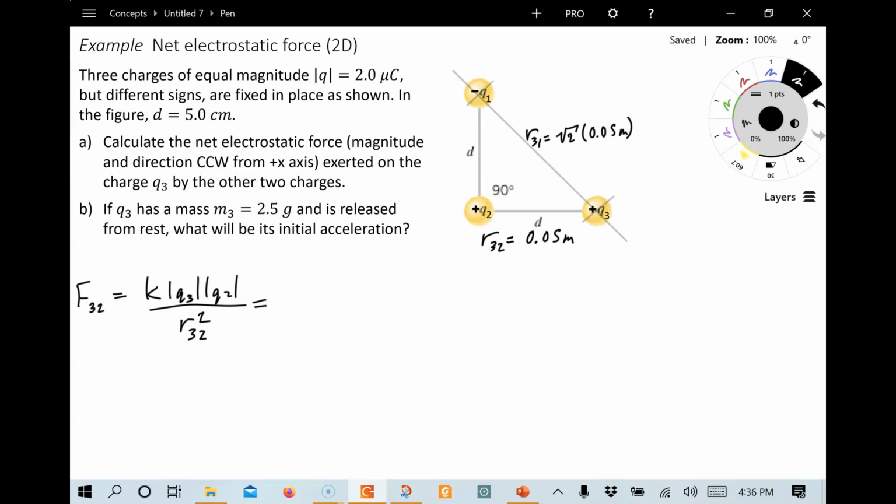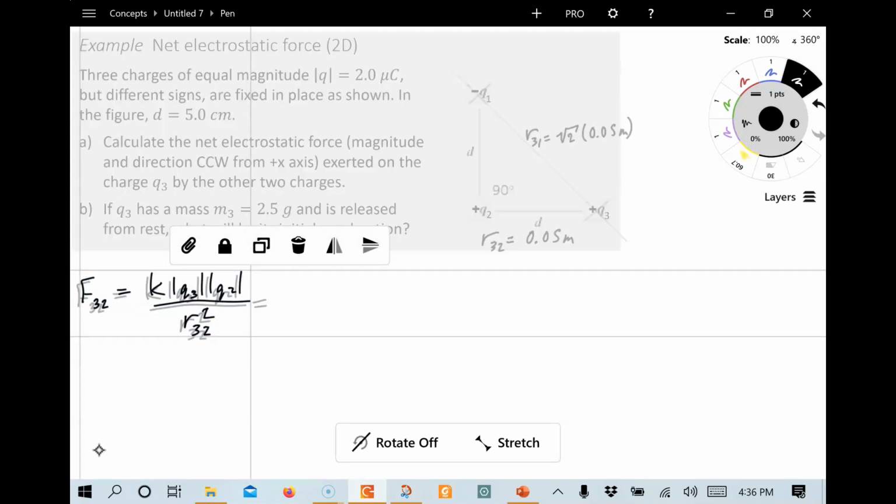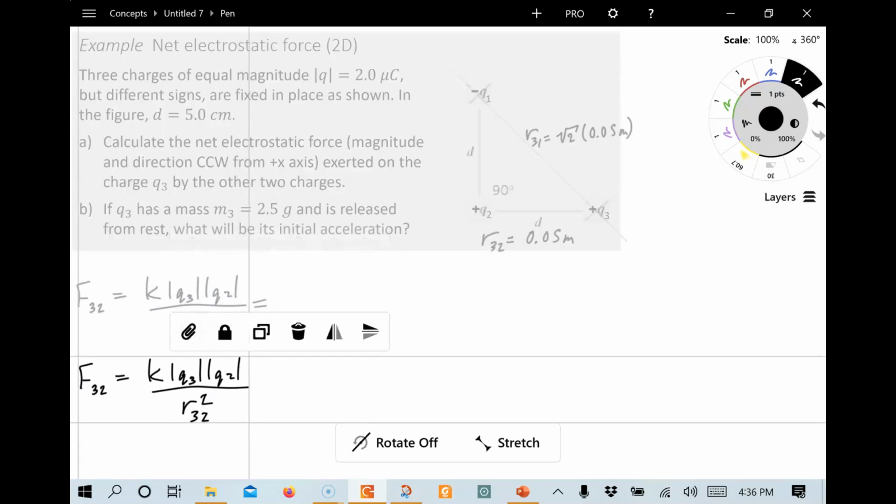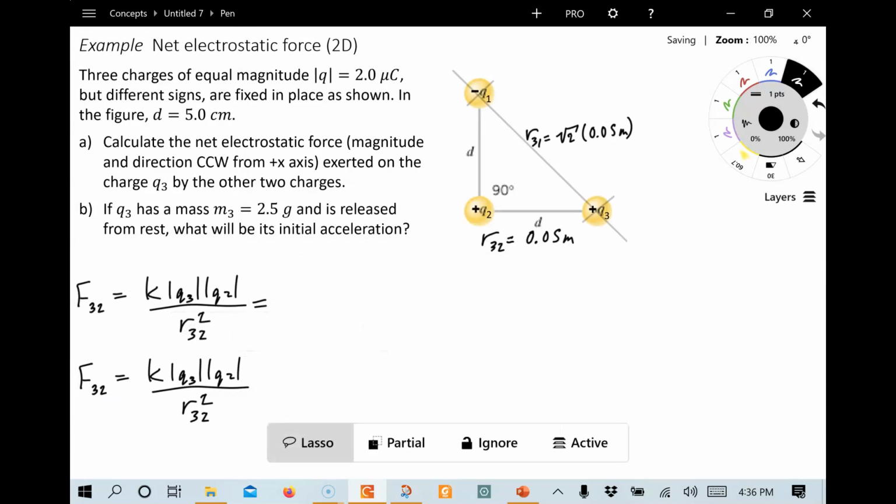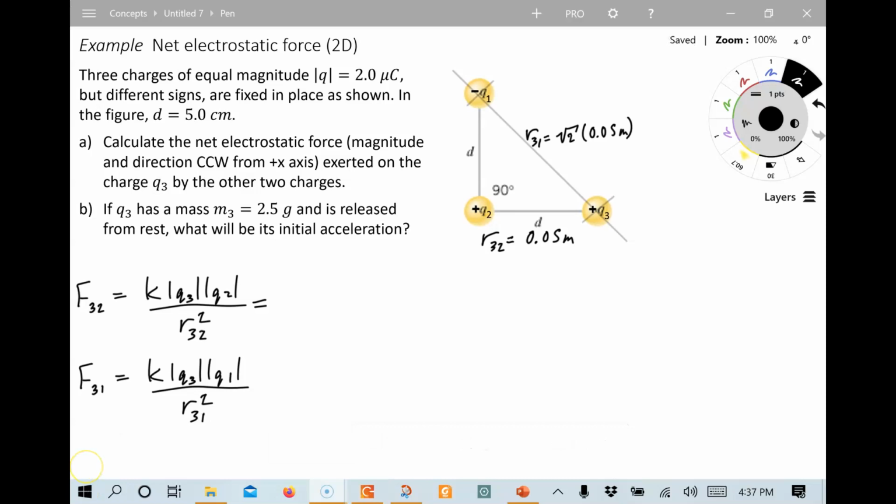So that's what we're going to start with. And we're going to similarly do this for the other set of charge interactions. So in this case, we'll also do one here, charge 3 on 1. So I've got the two Coulomb's law formulas we want. I've fixed up the notation to understand what's what.